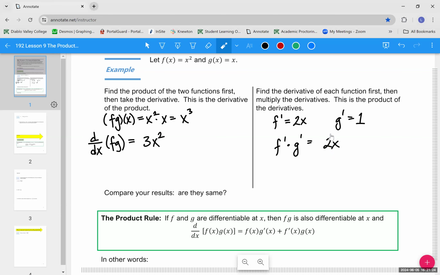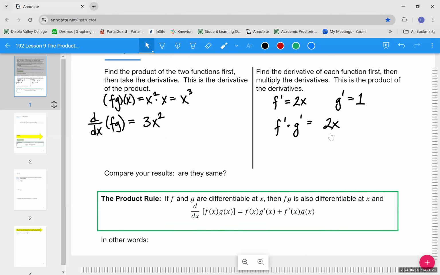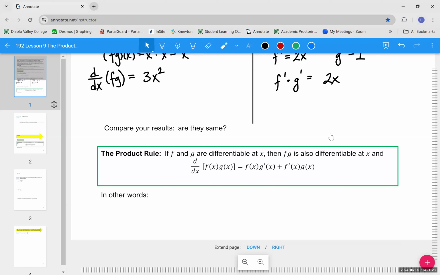Okay. So instead, we're going to use the product rule. It looks a little funky, but it's generally pretty straightforward. We can get through the notation. So if f and g are differentiable, we can take the derivatives of them. Then its product is also differentiable, and the derivative of the product is equal to this string of things.